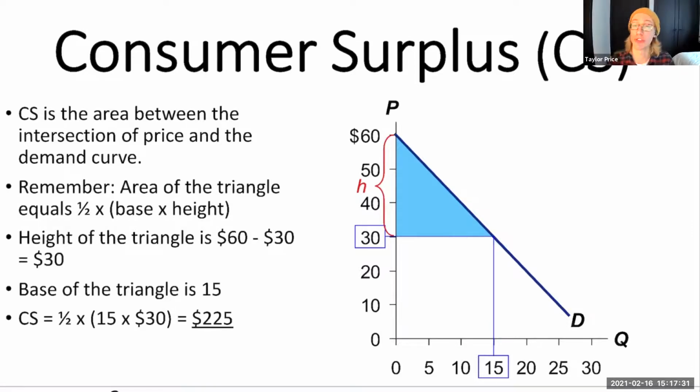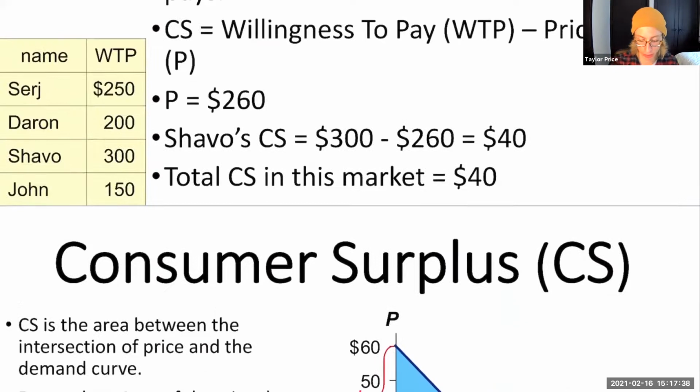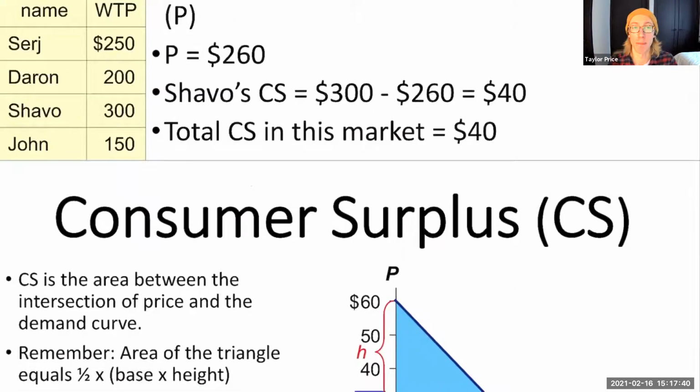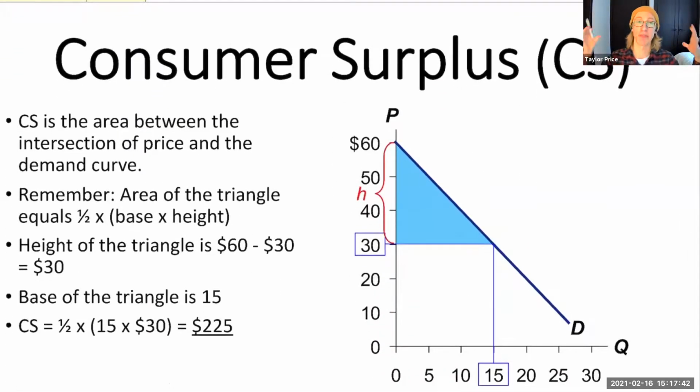For consumer surplus, we don't look at the individual consumers, we just look at the market, because the market is effectively aggregating all of the consumers who are consuming the good. To calculate consumer surplus here, we just need the area of a triangle formula: 1/2 base times height.